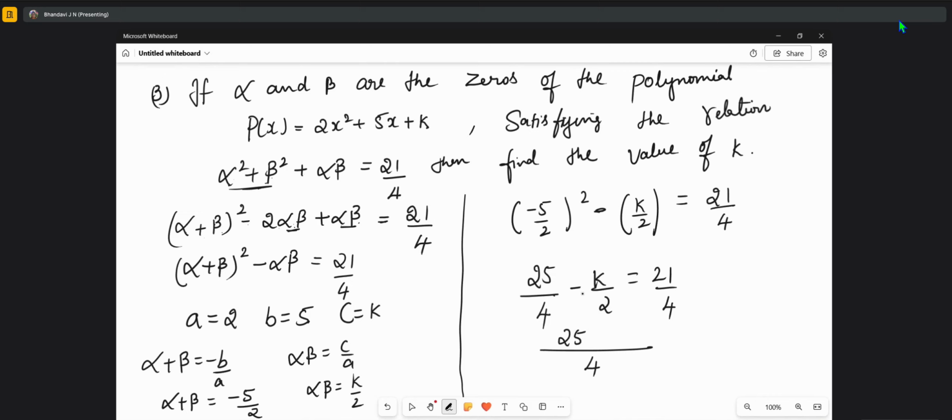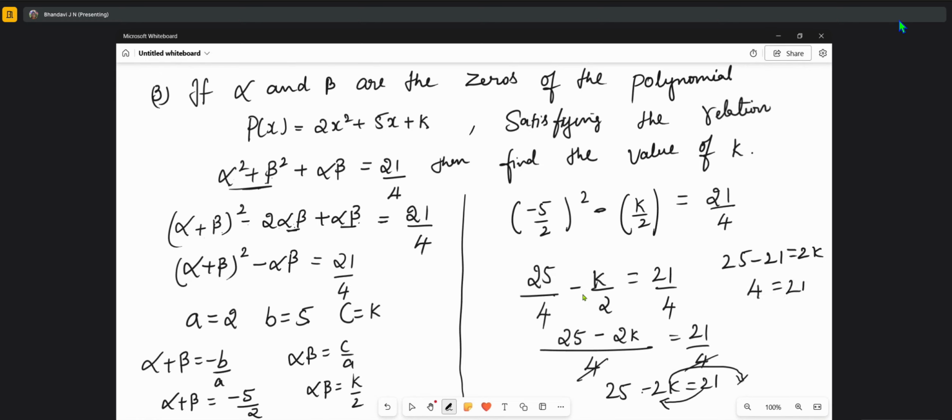Minus 4 by 2 is what? 2. 2 into k will be 2k. That is equal to 21 by 4. I can cancel 4 and 4 here. So 25 minus 2k is equal to 21. 2k I will transpose to this side and 21 to the other side. So what you will get? 25 minus 21 is equal to 2k.